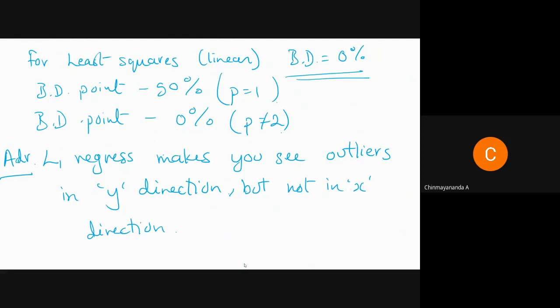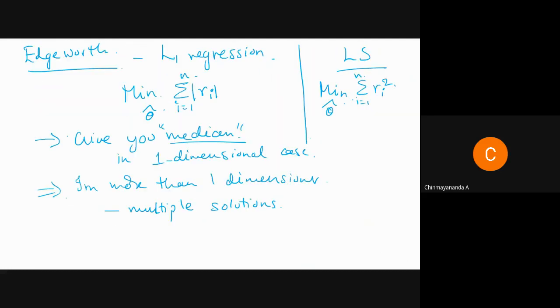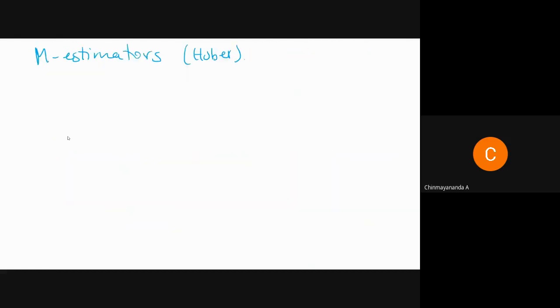Now at this stage comes Huber with M estimators. These are a more general class of estimators given by Huber. What he said was, instead of all this Ri square and mod Ri, we'll replace it by some rho of Ri.